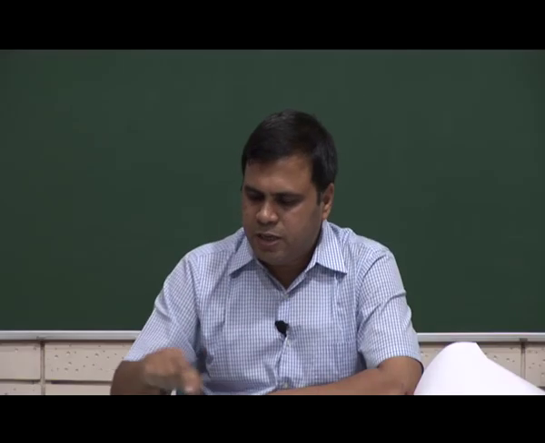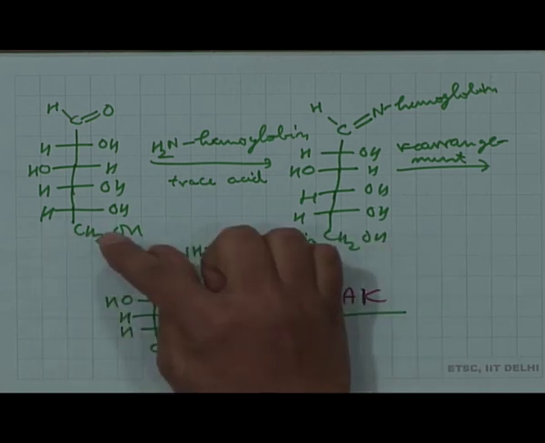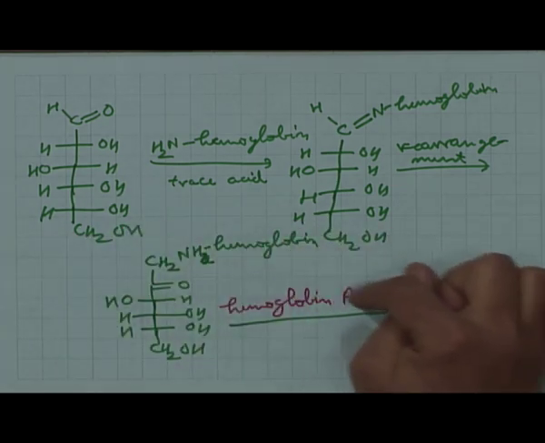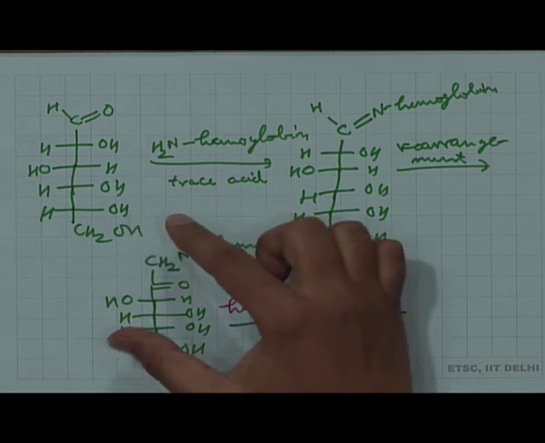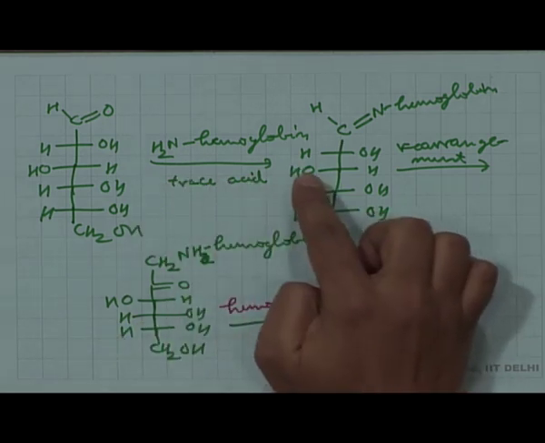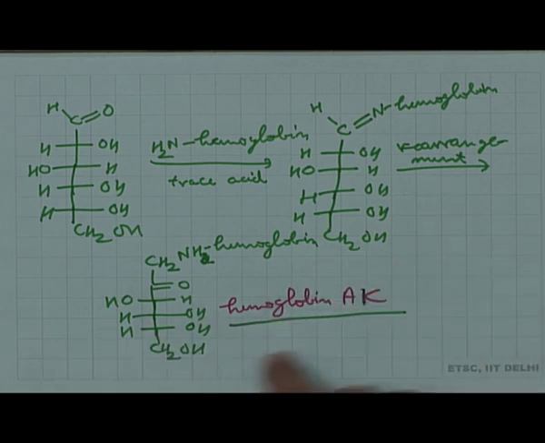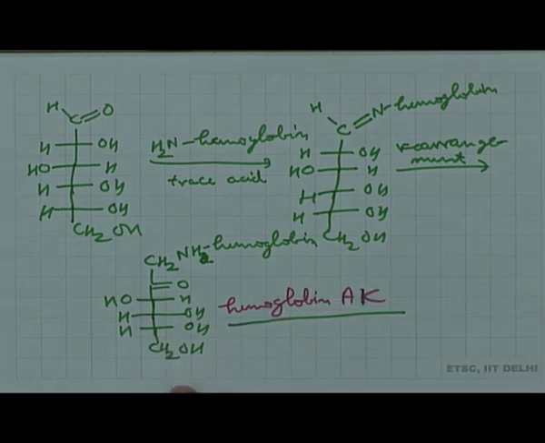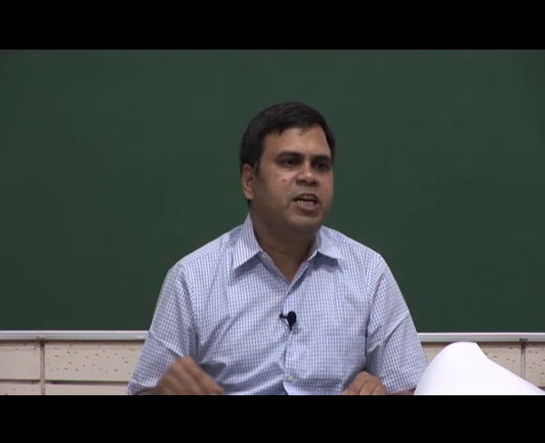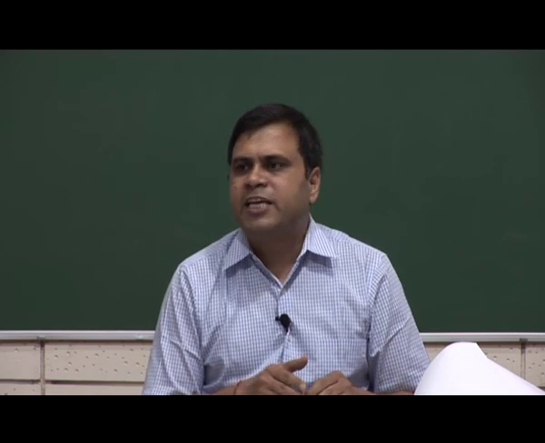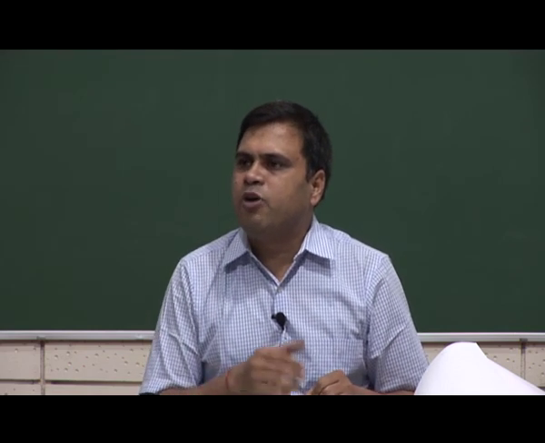Because it forms from the glucose available in the blood stream by this reaction, that hemoglobin amine will react and form the hemoglobin A1C. This level determines how much sugar is available in the blood glucose. By knowing that, we can easily control our diet. If we are taking excessive intake, then we have to cut down.